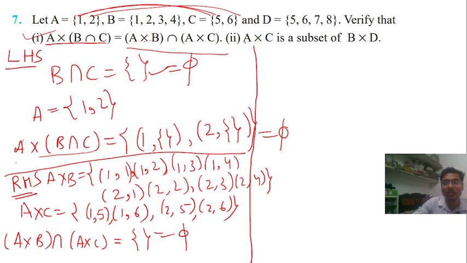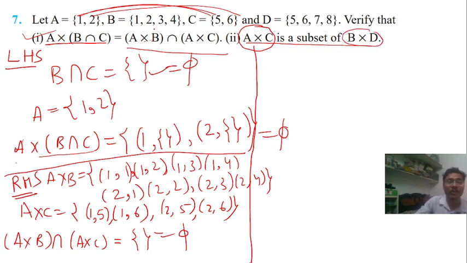Now coming to the second part, they are saying A cross C is a subset of B cross D. To be a subset, all the elements of A cross C should be present in the set of B cross D. This is a very large product.